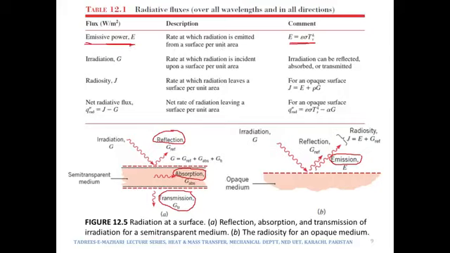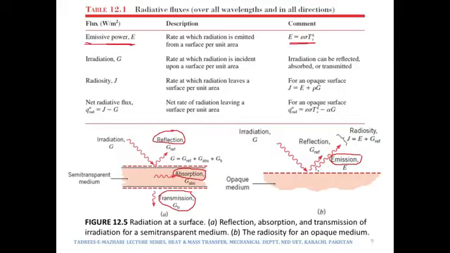So emissive power is in fact a measure of the amount of radiation which is being emitted by a body, and that emission is related to its temperature. Kindly note, it is a very important sentence that the emitted radiation is related to the temperature. The lower the temperature of the body, the lesser its emissive power, and the higher the temperature of the body, the larger its emissive power in watts per meter square.